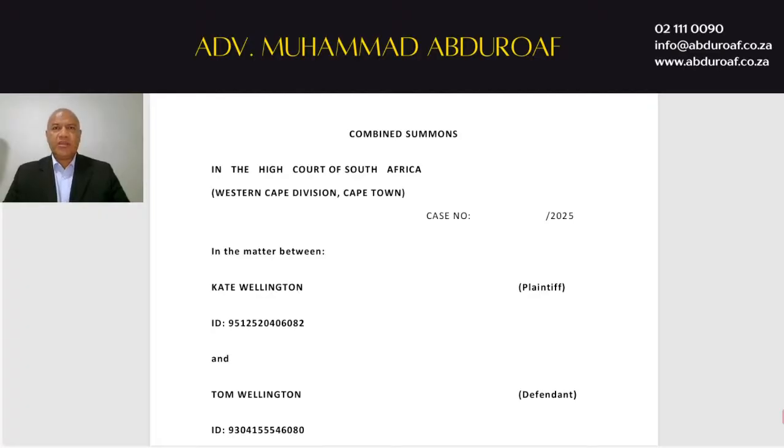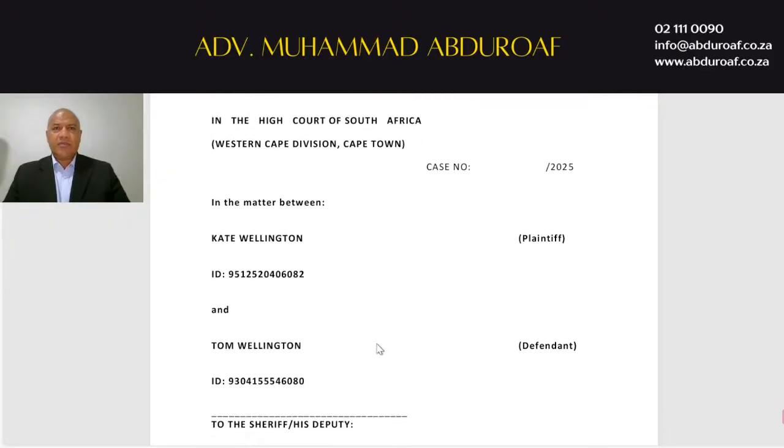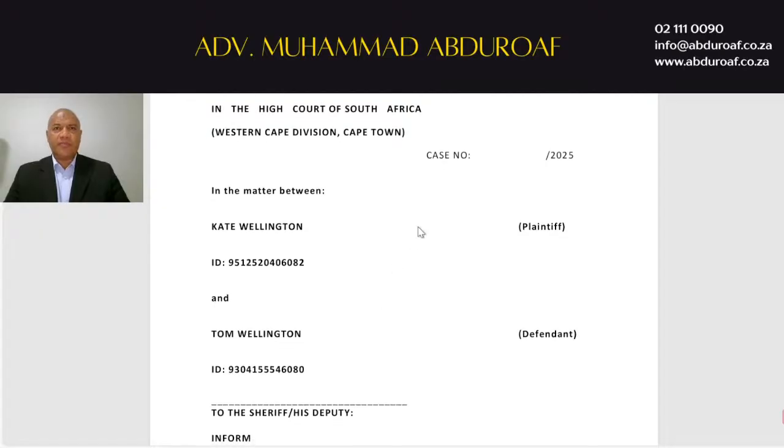But today's topic is how to draft it. The first thing you will have to do is draft the summons. The reason they call it a combined summons is that, as you will see later on, a particulars of claim is also attached to it. This combined summons is issued out of the Western Cape High Court.